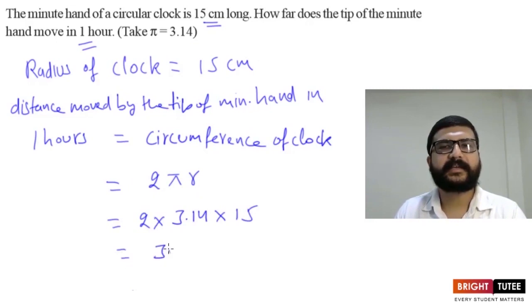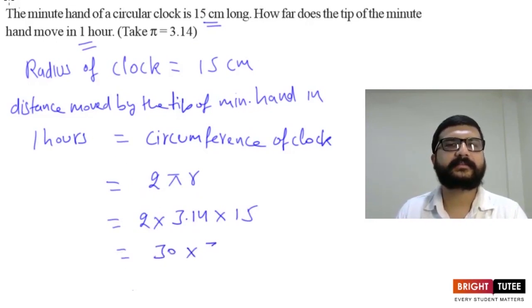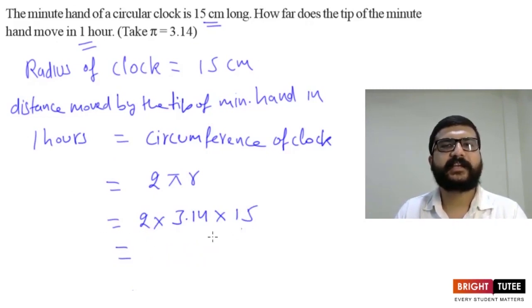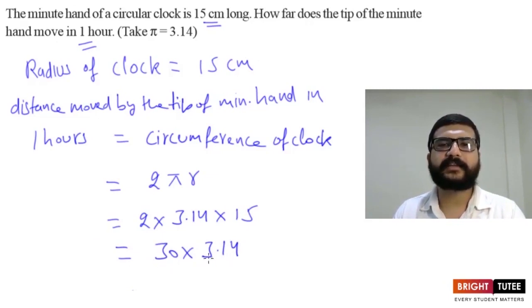So this is 2 into 15, that is 30 into 3.14. Now how can we find 30 into 3.14? We know how to multiply two numbers.